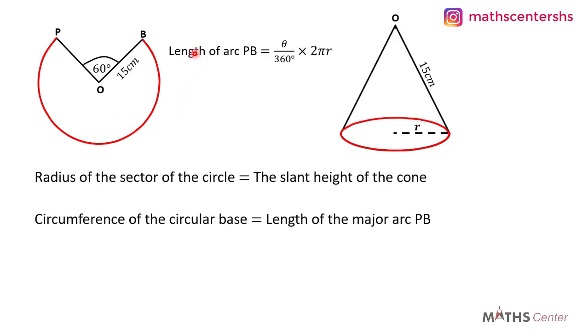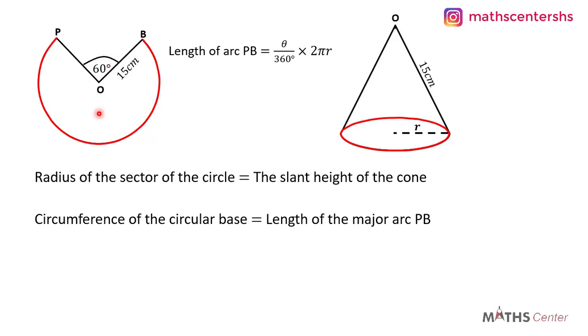We can find the length of the major arc PB by using the formula theta divided by 360 times 2 pi r, where r is the radius of the sector of the circle and theta is the angle of the sector. We can see from this diagram that an angle of 60 degrees has been cut off.